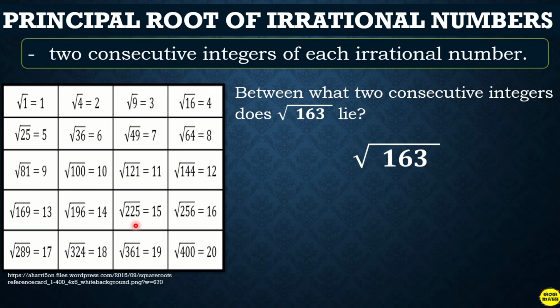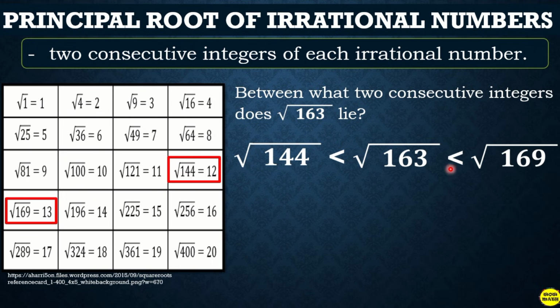Square root of 144, and square root of 169. Hindi pwede ito kasi lumampas na siya. Dapat nasa gitna siya. So, as you can see, yung 163 nasa gitna ni 144 at 169. Ganun po palagi ang gagawin. So, square root of 163 is greater than square root of 144 but less than square root of 169.